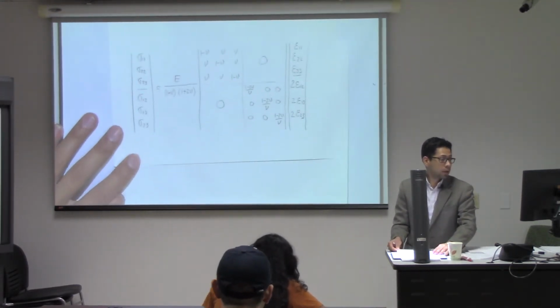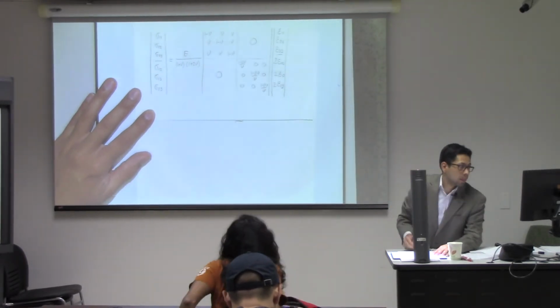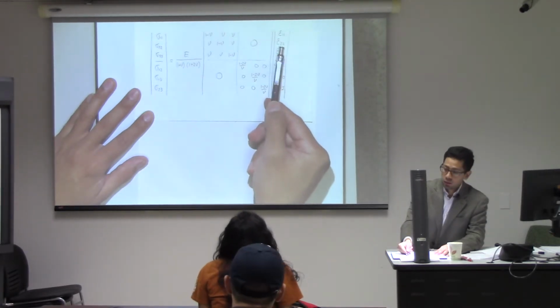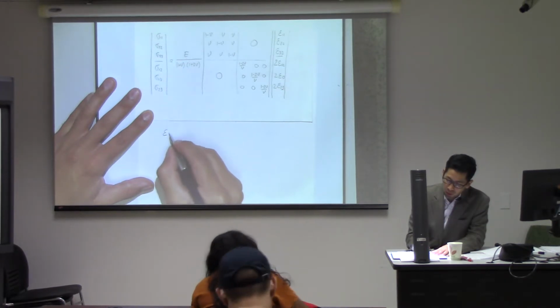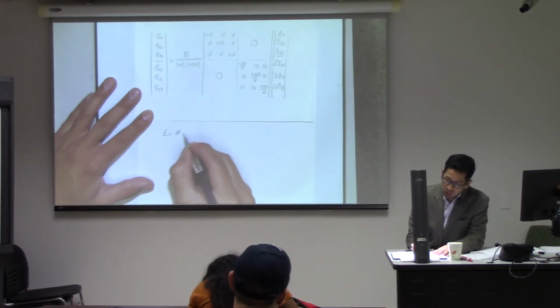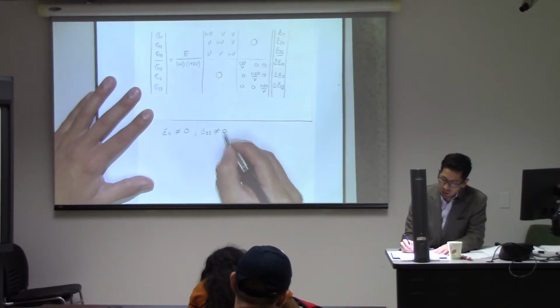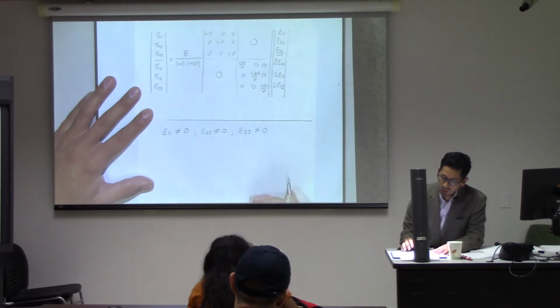Now I'm going to say that, remember that before we said that these two were 0? Where now I'm going to say that epsilon 1,1 is different than 0, epsilon 2,2 is different than 0, and epsilon 3,3 is different than 0.